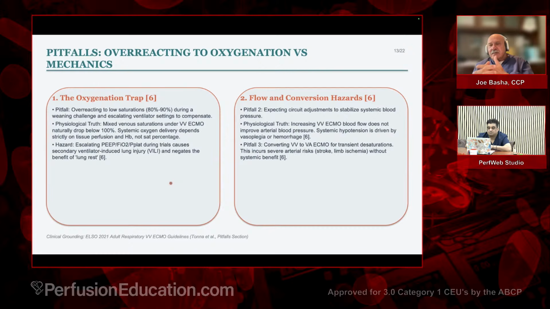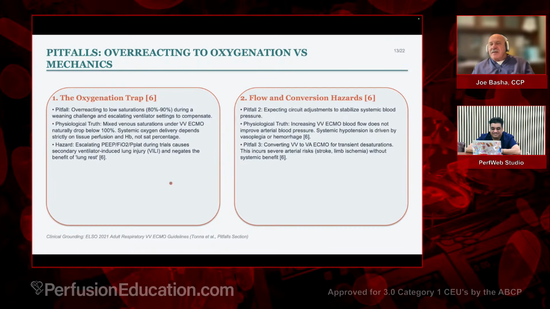The pitfalls of conversion: flow and conversion hazards, expecting circuit adjustments to stabilize systemic blood pressure. Physiological truth: increasing VV ECMO blood flow does not improve arterial blood pressure. As everyone knows, systemic hypotension is driven by vasoplegia and/or hemorrhage or other things.